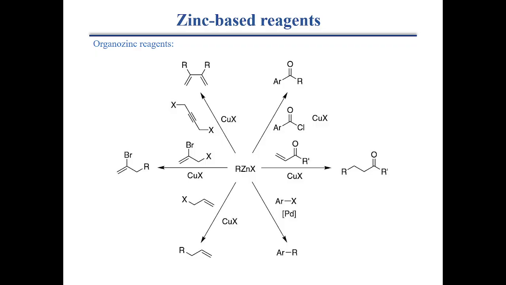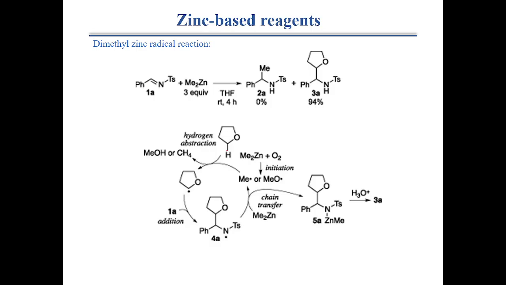Same as the manganese compound, I'm going to discuss the organozinc compound. Just like manganese, this is also an organozinc compound. This is partially positive zinc and this is partially negative. So that R minus can attack the acyl chloride, a coupling reaction or alkylation reaction, giving this kind of product.